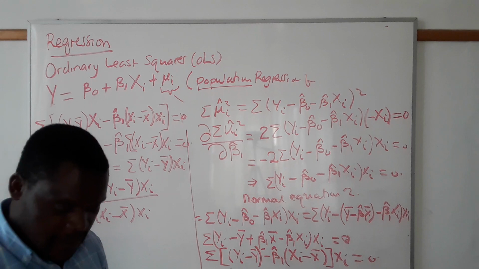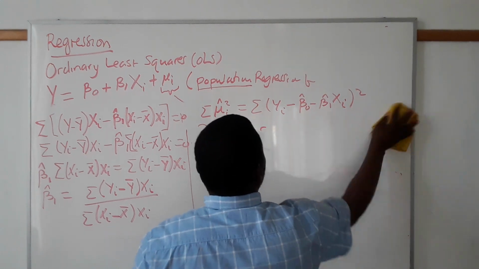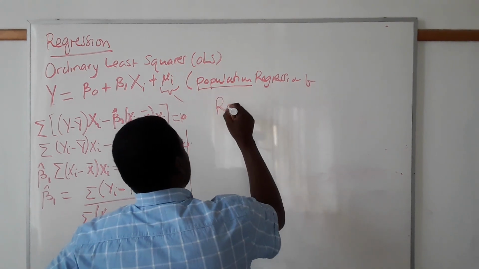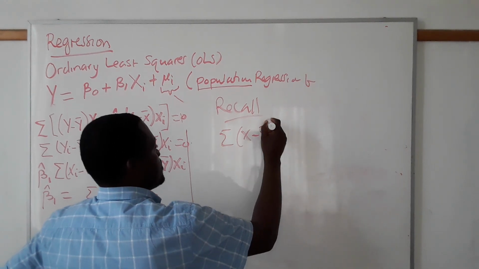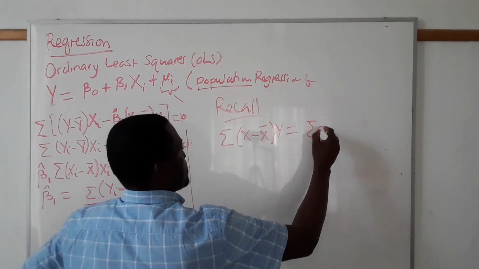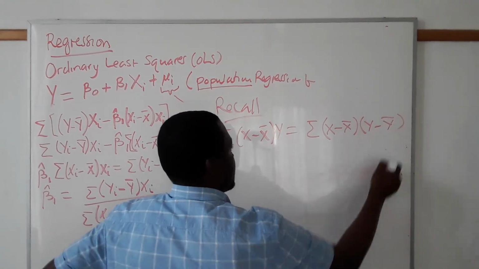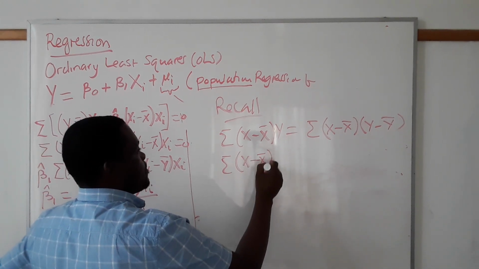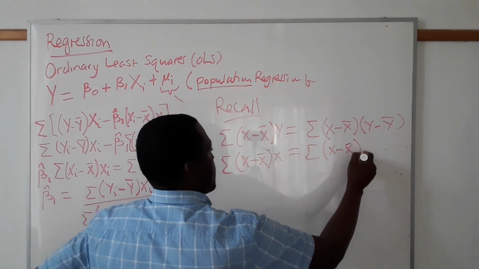Now, if you remember one of the results from the previous session, we showed that the sum of x minus x bar by y will give us the sum of x minus x bar by y minus y bar. I think you remember that. And we showed that the sum of x minus x bar by x will give us the sum of x minus x bar squared.